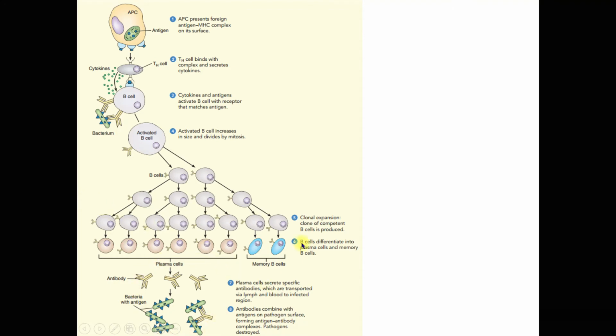So, for that to happen, the B cell, as you can see in this diagram, must be activated. For this B cell to be activated, this helper T cell must be activated. In order for this helper T cell to be activated, it must bind with an APC. Okay, you get that?